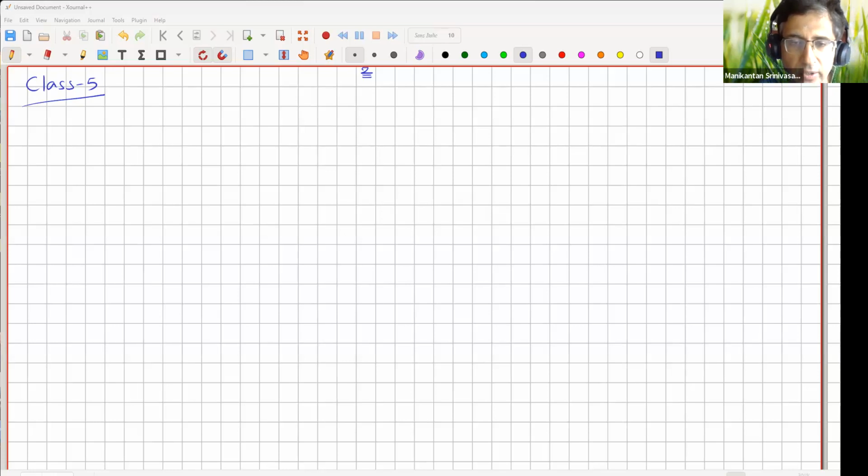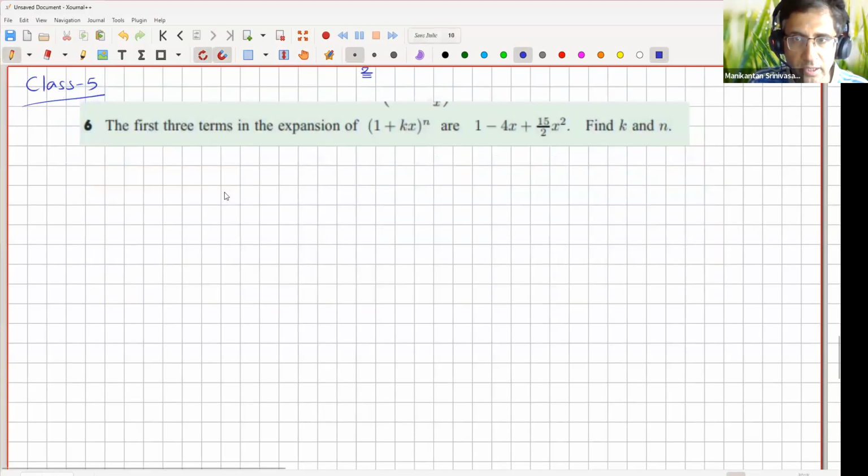Okay, question 6. The first 3 terms in this expansion. Let's do this. I'll just paste the question here. The first 3 terms are given.